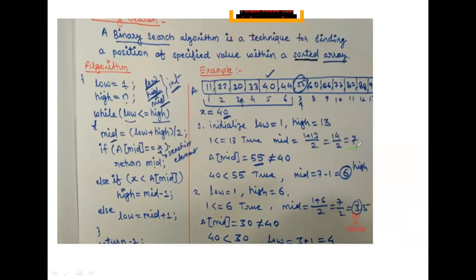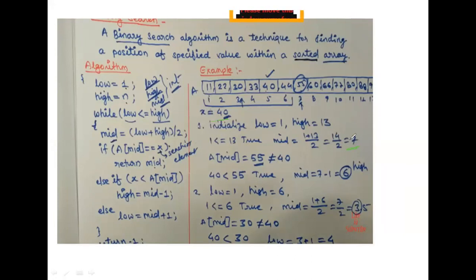This is my mid value. Then check if A of mid equals x. I want to search for the element 40. Here A of 7 is 55. Is 55 equal to x? No.